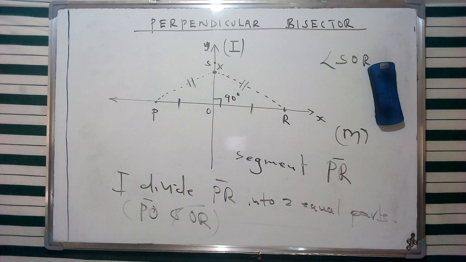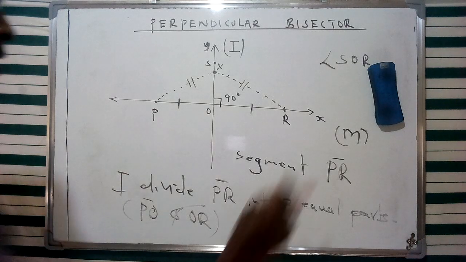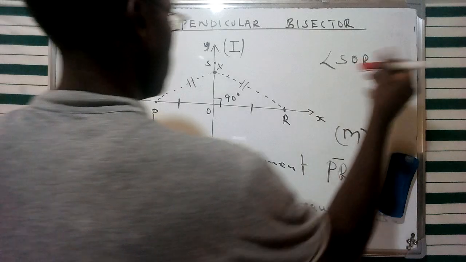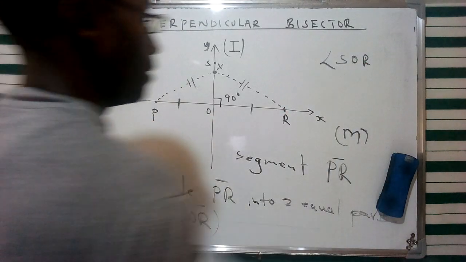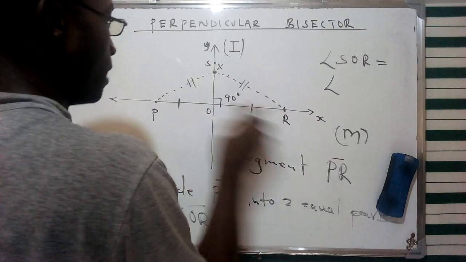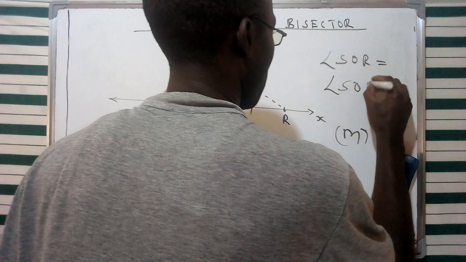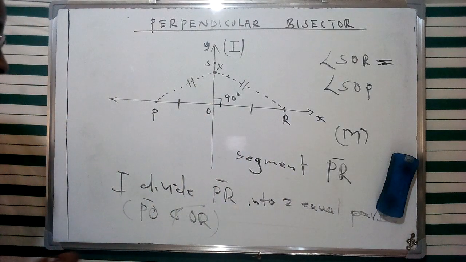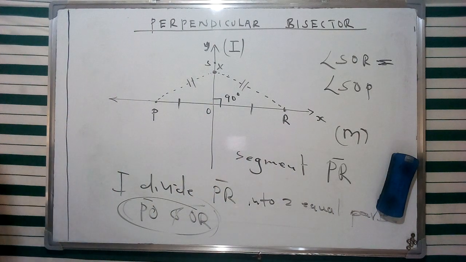Lastly, I can say that angle SOR is going to be equal to angle SOP. So those are some of the characteristics of these specific perpendicular bisectors that we're going to come across.